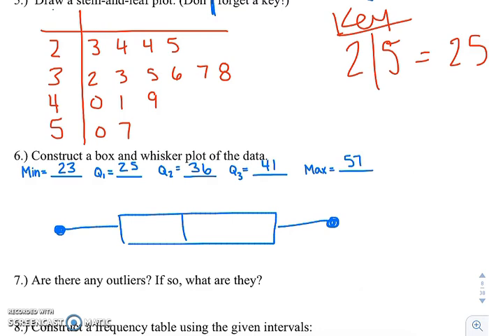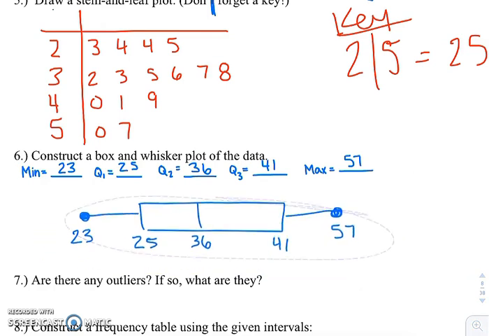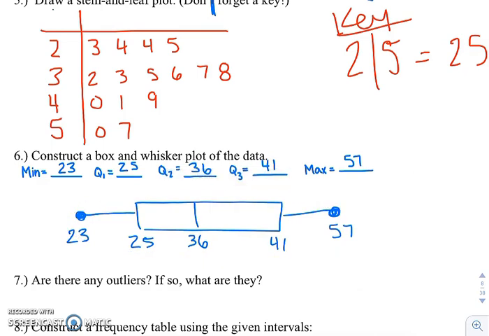So the min value, the lowest value, is 23. The Q1 is 25. Q2, 36. Q3, 41, and your max is 57. So you don't have to put the entire number line there. That is fine to just do it that way. If you have the whiskers and the box values, that's really the important part.